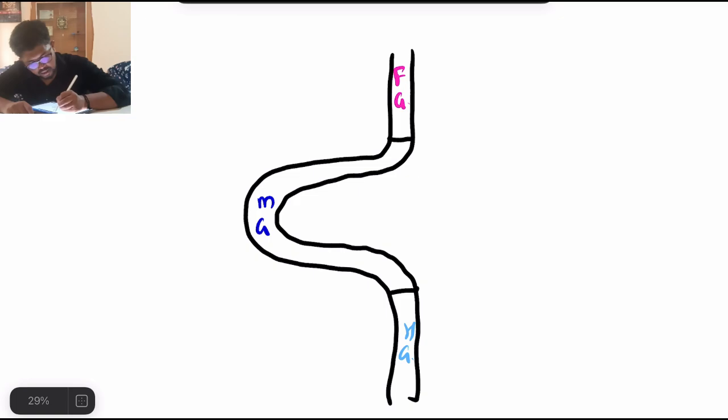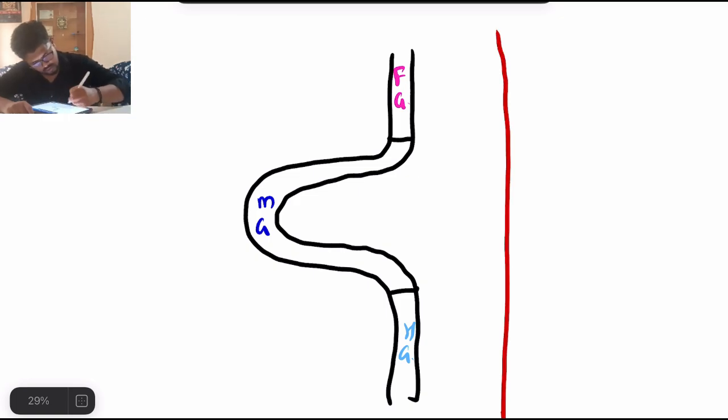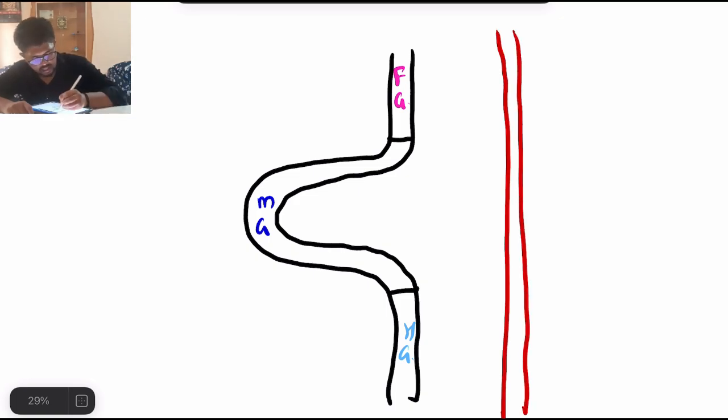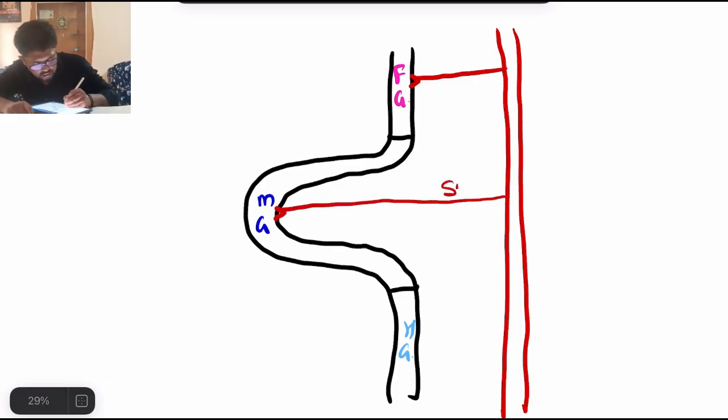From behind, this is the dorsal aorta. Foregut is supplied by the celiac trunk, midgut by the superior mesenteric artery, and the hindgut by the inferior mesenteric artery.